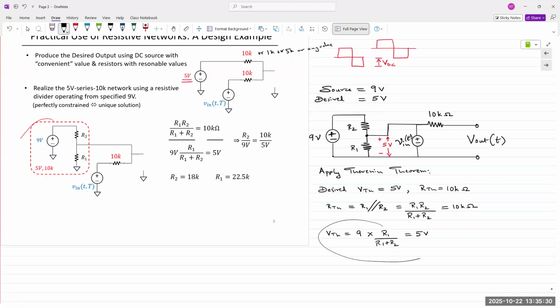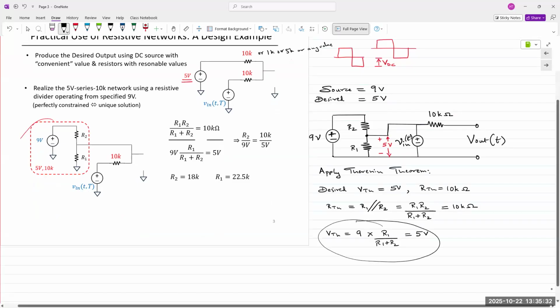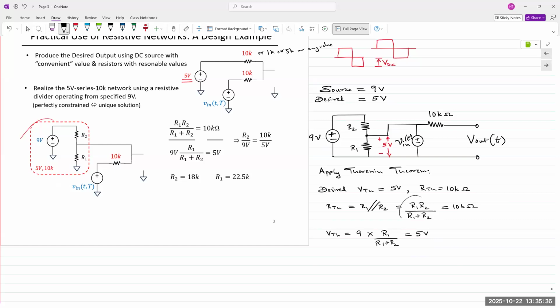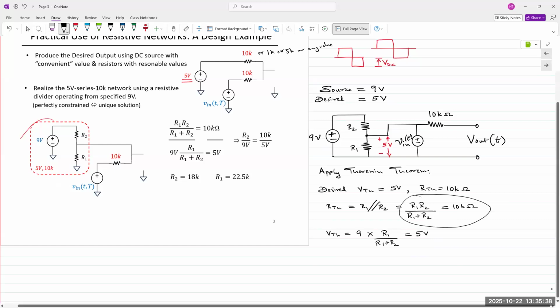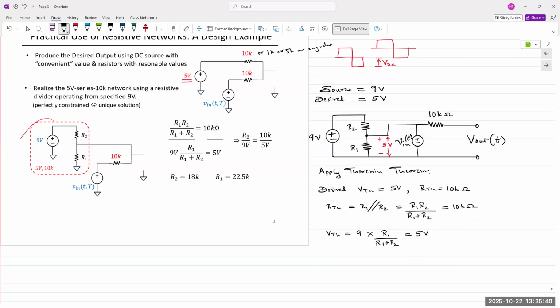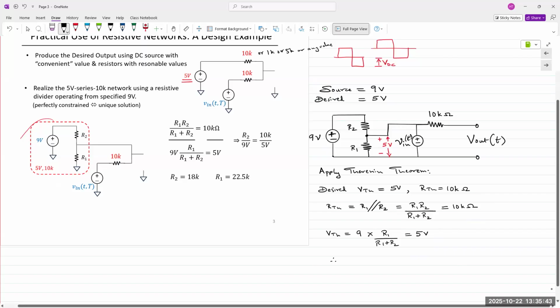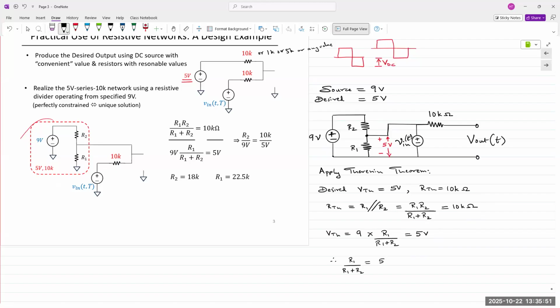So this equation, from voltage division, gives us the ratio that we need, and then this gives us the ratio for both the resistors. Okay. So here I can write the ratio of R1 over R1 plus R2 is 5 over 9.